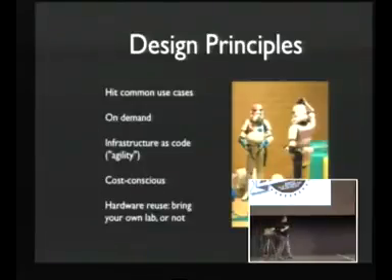So just to talk briefly about the design, there were some design principles that hit some common use cases I've already described. It should be on demand. I don't want to have hardware sitting around, I just want to be able to use the thing when I need it. It should be infrastructure as code, which is what all the cool San Francisco kids are talking about. Infrastructure as code is this idea that you can describe a virtual data center in a configuration file, for example.